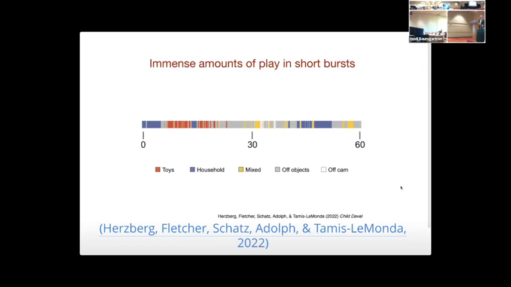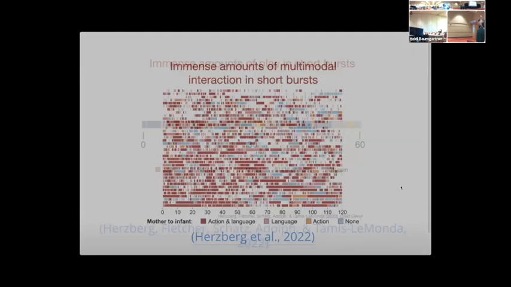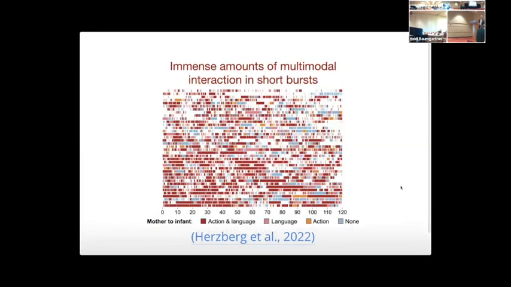If you combine these together, we can see situations where parents are talking but also interacting with their children in particular ways, and look at the covariant structures of them. It turns out there are immense quantities of multimodal interactions, again occurring in short bursts. So the developmental context is rich, complex, and quite exciting to explore and exploit using these tools.